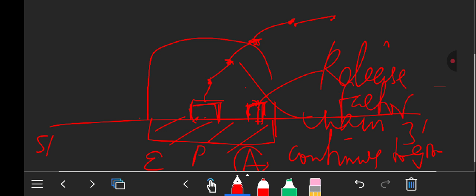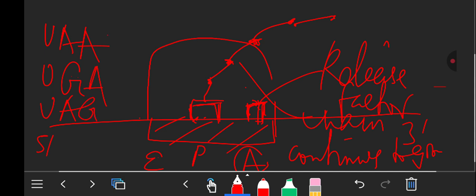once the release factor is read, you need to understand that they are what are known as the stop codons. They are basically UAA, UGA, and UAG.